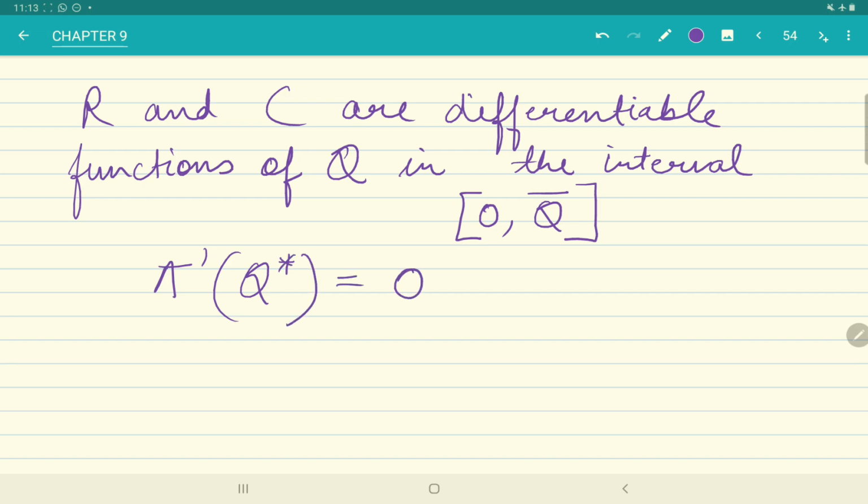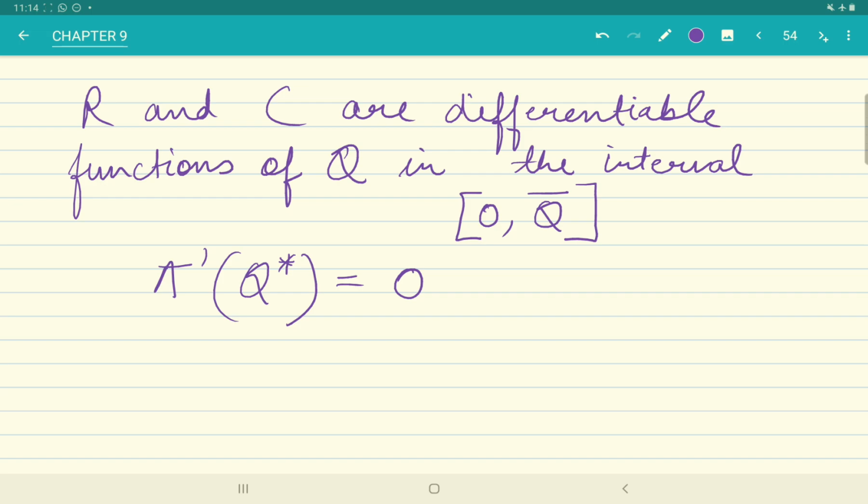So we know that R and C are differentiable functions of Q in the interval 0 to Q bar. Since pi of Q is equal to R of Q minus C of Q, the profit function pi will also be differentiable.